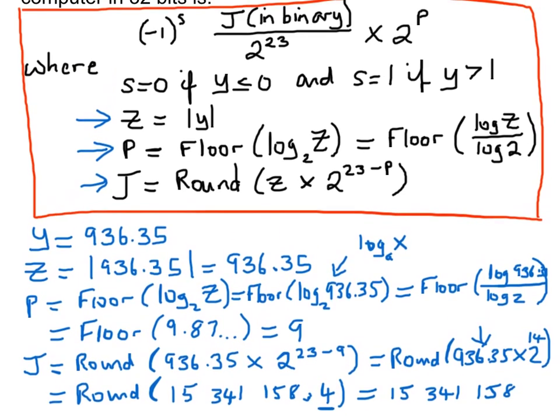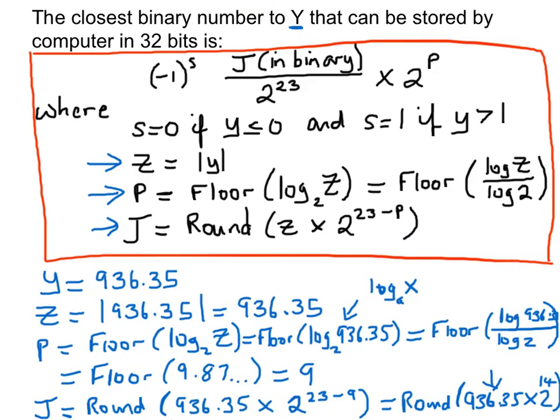Now if I go back up to my formula, I'm now in a position to work this part of the formula out. And this is going to give me the closest binary number to y that can be stored in the computer using the 32 bits. Now, what you notice here is that I need j in binary.